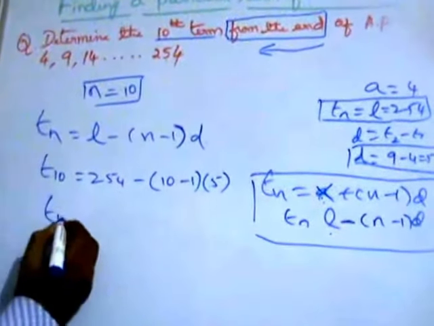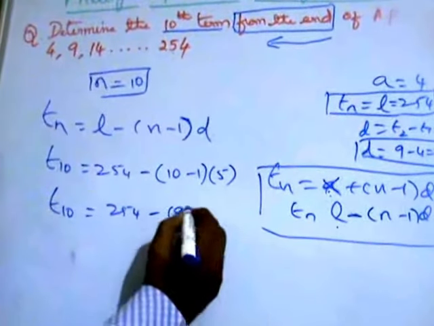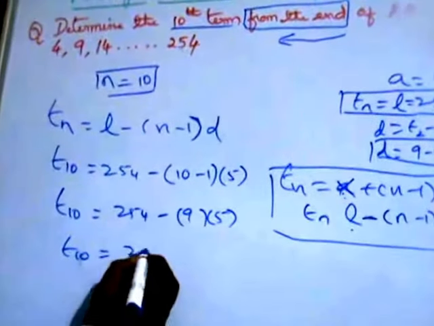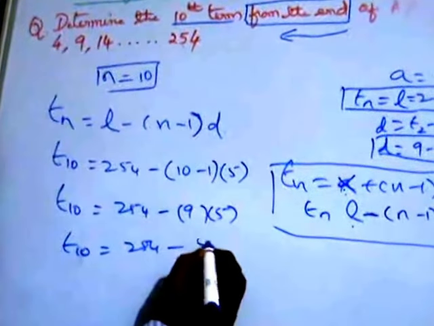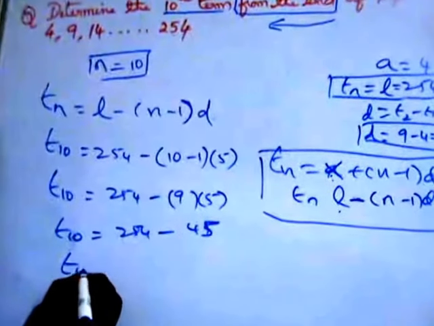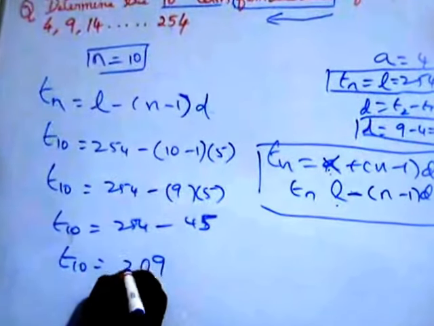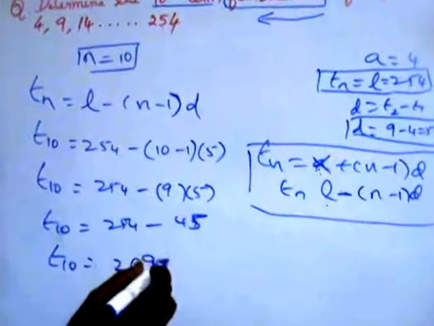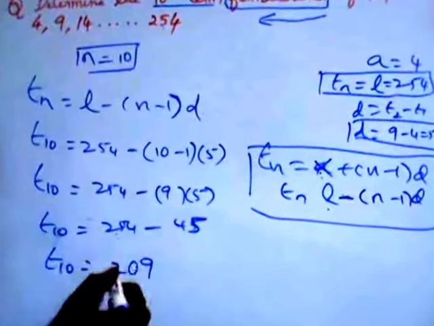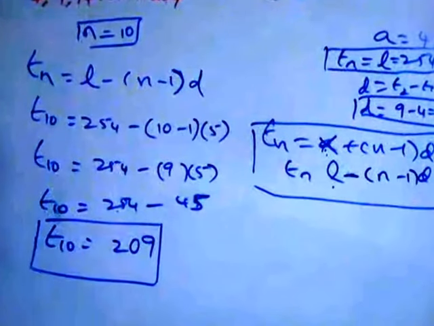So the 10th term is equal to 254 minus 9 into 5, which is 254 minus 45. 14 minus 5 is 9, 4 minus 4 is 0. So 209. The 10th term from the end is 209.